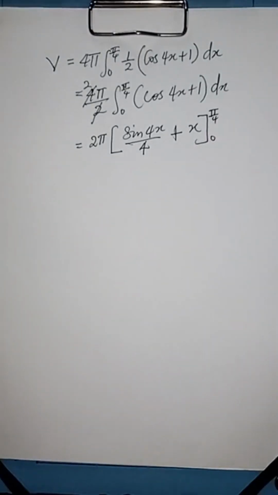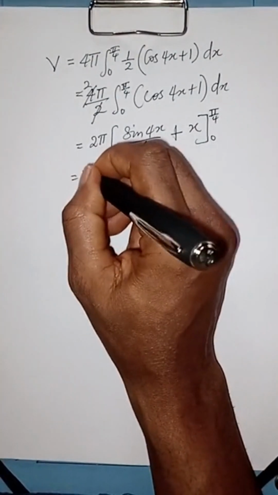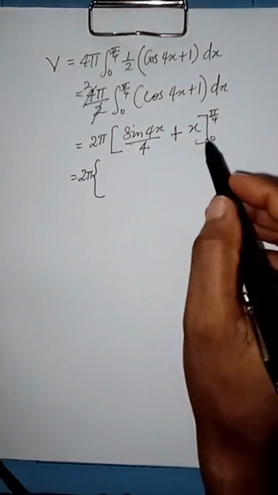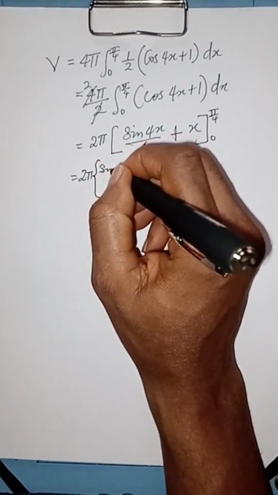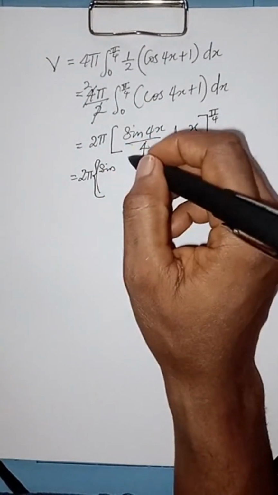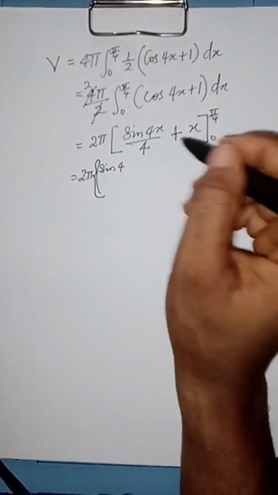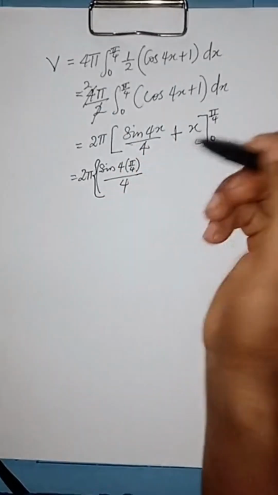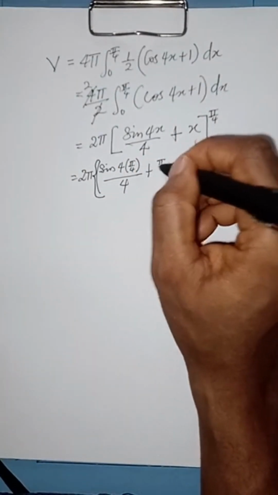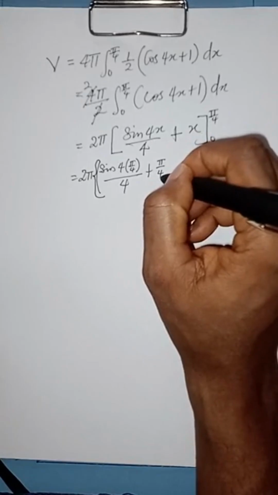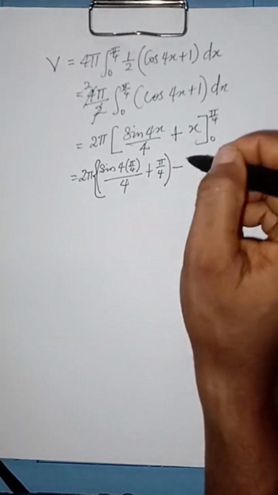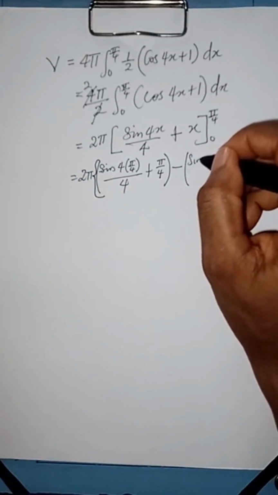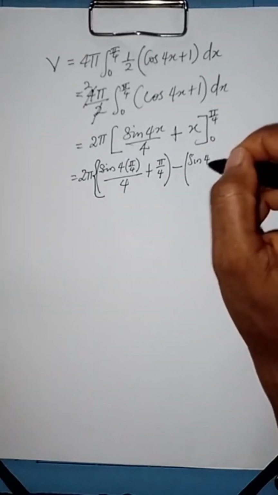So it's time to apply the limits now. Here you have to be very careful of your solution. This is sine for the first bracket: 4, my x is pi divided by 4, plus pi divided by 4. Okay, the minus: I'm going to use the same expression, but this time around it's 0.